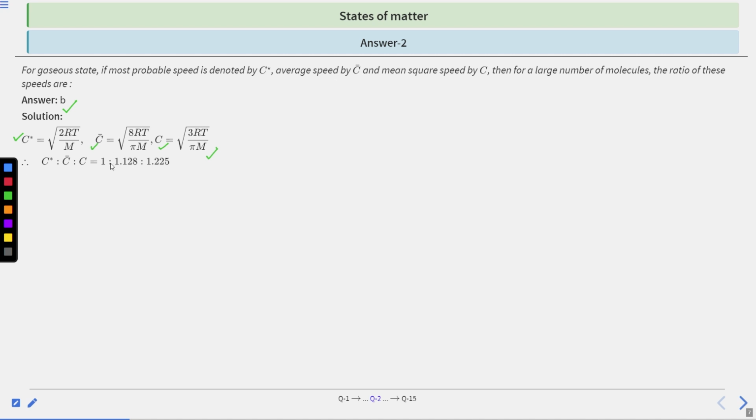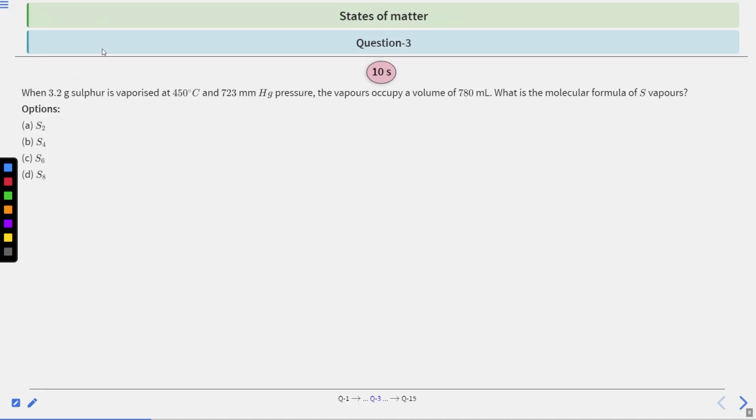On getting the decimal values of these square roots for the gaseous state of any molecule, the ratio is coming out as 1 is to 1.128 is to 1.225. So option B is the correct answer. Moving to the next question, question number 3.